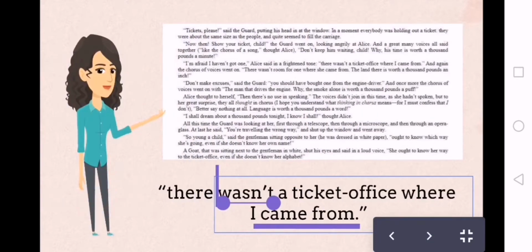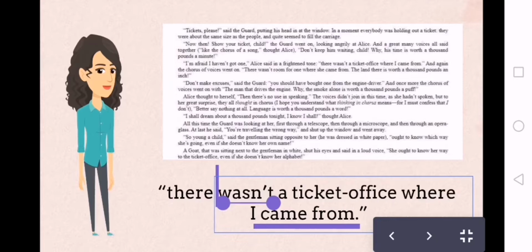Our last sentence is "There wasn't a ticket office where I came from." We know that "there" is our subject and "wasn't" is our conjugated verb. So our predicate is "wasn't a ticket office where I came from." We also can see "where," which is a subordinator. In this case, it is a relative adverb, which is anteceded by "ticket office."